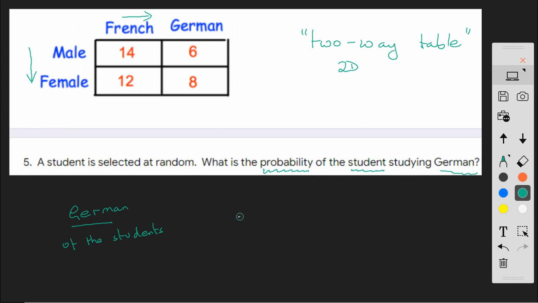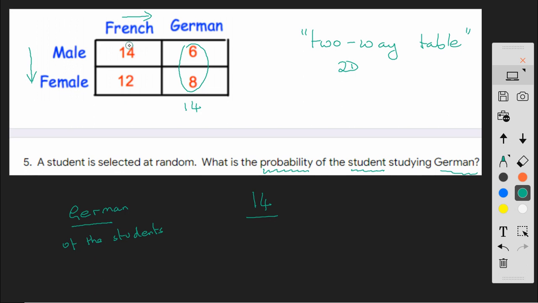Okay, so what we're after here is how many are studying German? Well, that's these two here, isn't it? Okay, so that's 6 and 8. So that's 14 in total. So we've got 14 out of all the students. Well, how many have we got altogether?